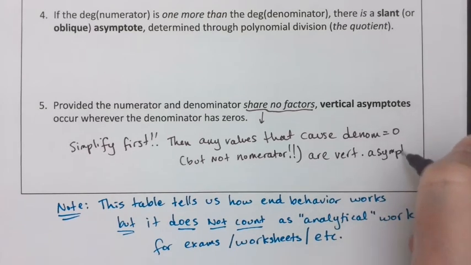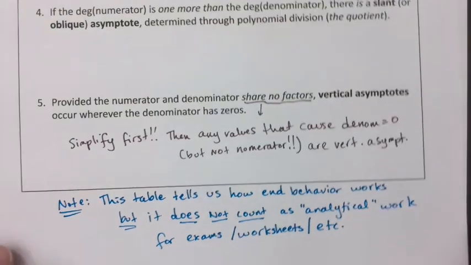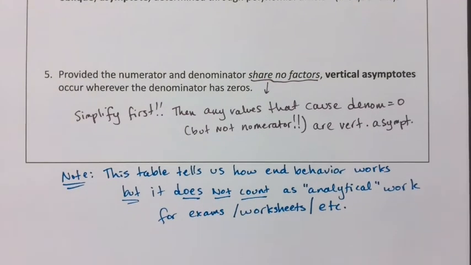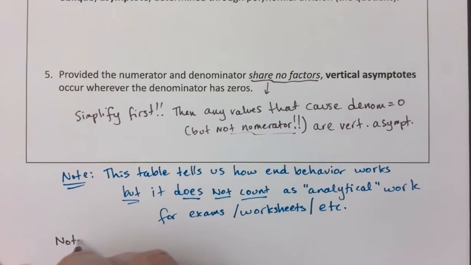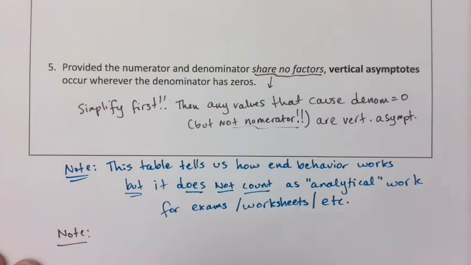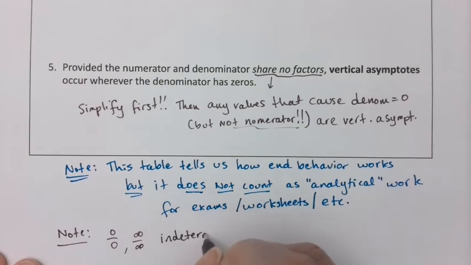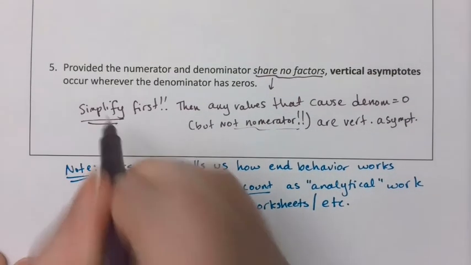Now, of course, if it simplifies, then it shouldn't have happened with the numerator anyway, but just to be clear, why is that the case, not the numerator part? Let me write another note, just a little reminder yet again, that 0 over 0 and infinity over infinity are indeterminate forms. So at this stage, the only option you have is to simplify first.